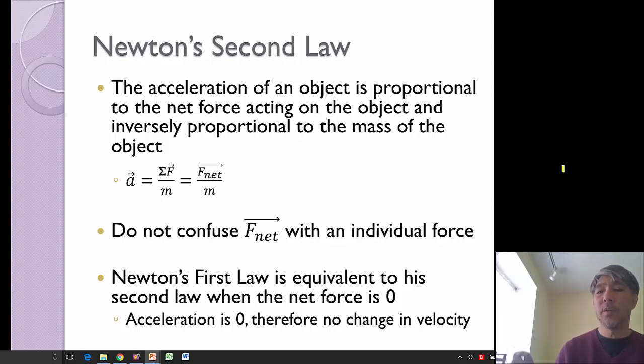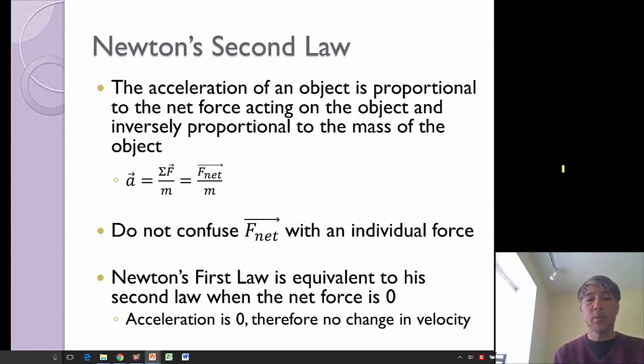We may have seen this previously as F equals ma, but we're going to look at it this year as acceleration vector is equal to the net force vector divided by mass. The reason we're going to look at it this way is because the acceleration is the result of the forces, not the other way around, but the forces cause the acceleration.